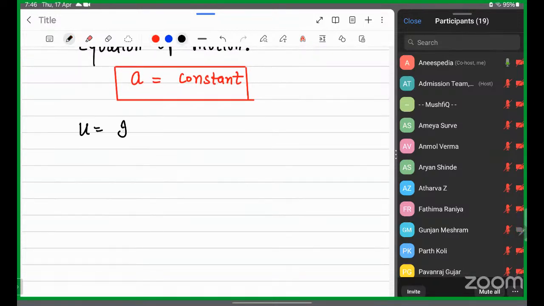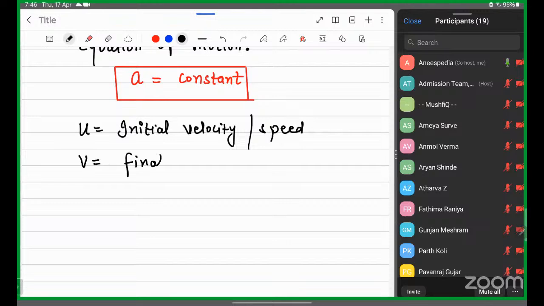U is initial velocity, or sometimes we will take it as speed. V is final velocity or final speed.